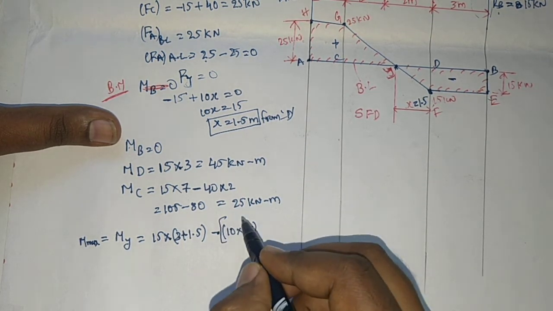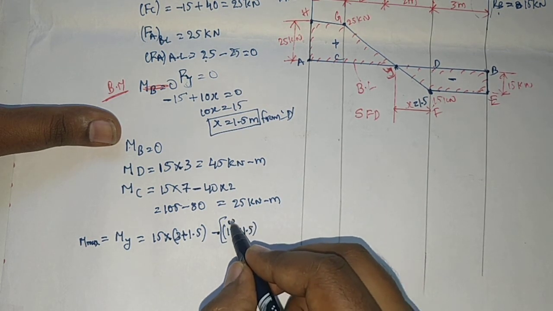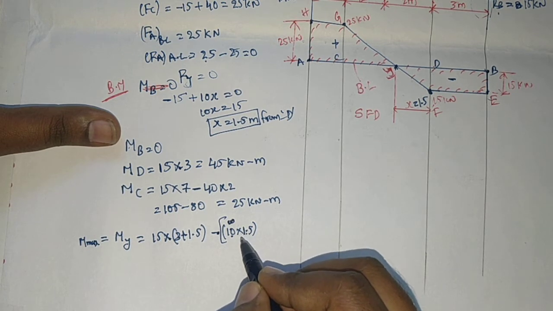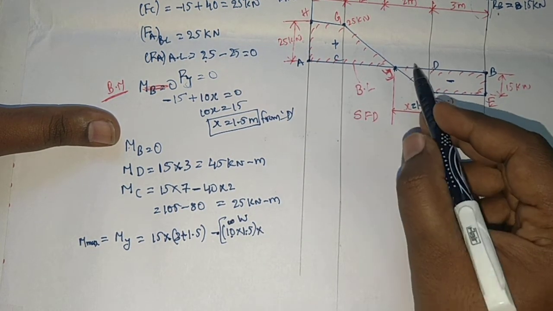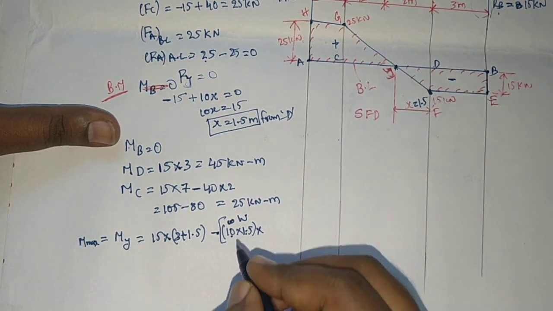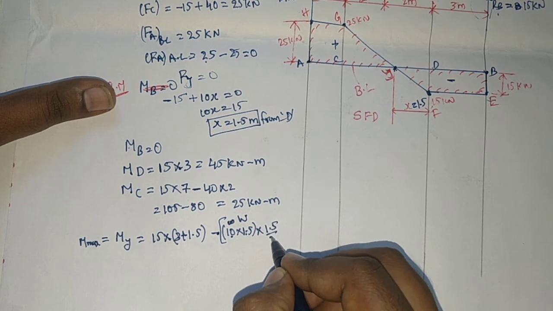It is W into distance, UDL load into distance. It is acting at the midpoint of X, so it can be written as 1.5 by 2.